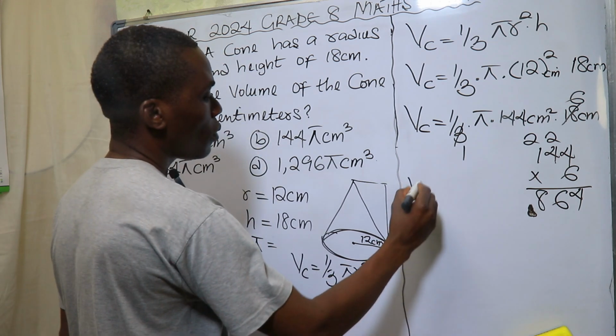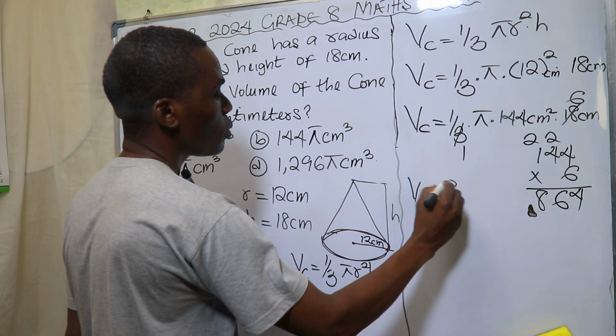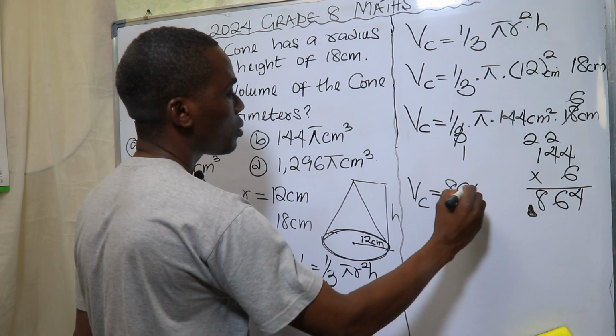So the volume of the cone will be equal to 864.